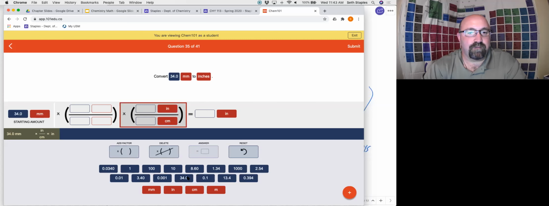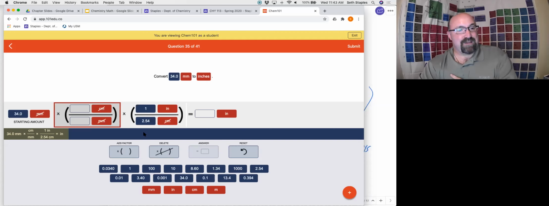We know that there are 2.54 centimeters per every 1 inch. But now we need to go from millimeters over to centimeters. So we're going to need millimeters to cancel out. Centimeters, which now cancels out here, so that's good.